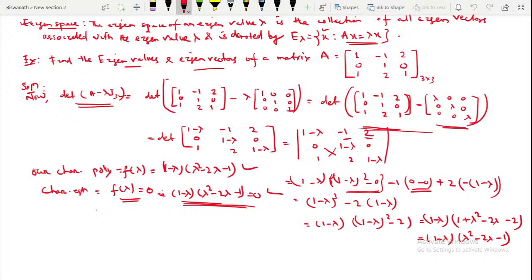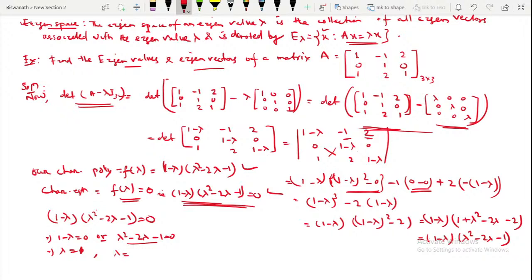So now write the characteristic equation: (1 minus lambda) into (lambda square minus 2 lambda minus 1) equal to 0. So 1 minus lambda equal to 0, or lambda square minus 2 lambda minus 1 equal to 0. If 1 minus lambda equal to 0, then lambda is equal to 1, and if this one equals 0, then find the values of lambda.